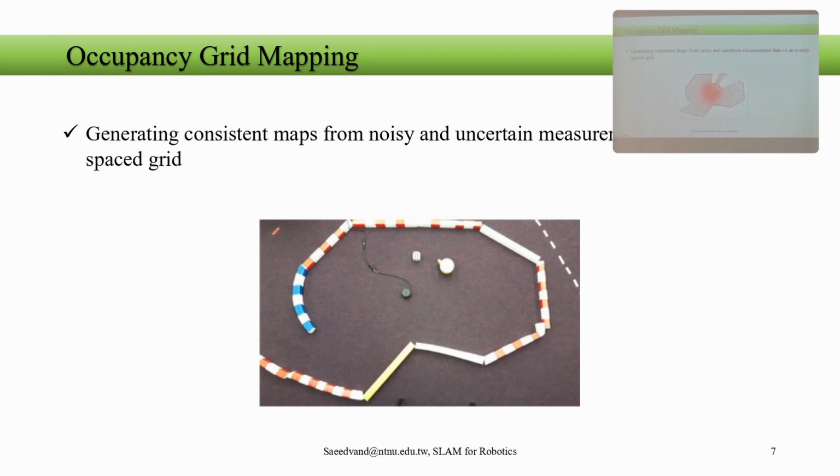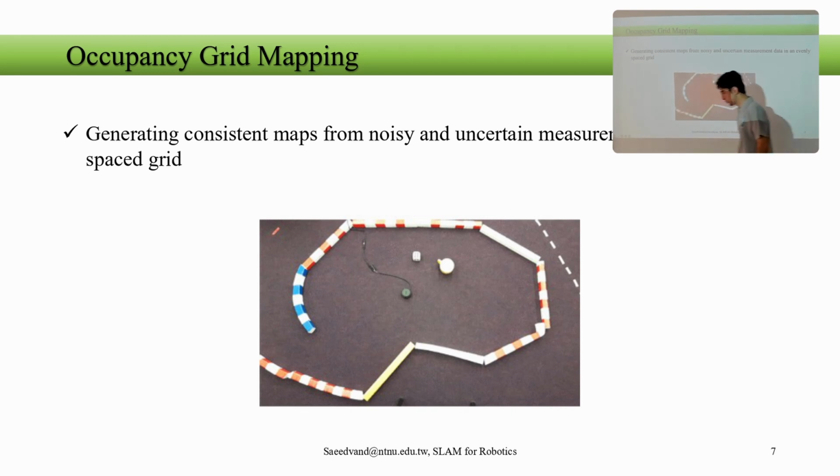For occupancy grid mapping, as you can see here, we have a LiDAR scanner in the middle, and there are some obstacles. The LiDAR scanner scans the environment, and based on the distances that we have, we can put 0s and 1s directly on the grid map, so that we have a simple map of the environment, saying that these are free and these are occupied.